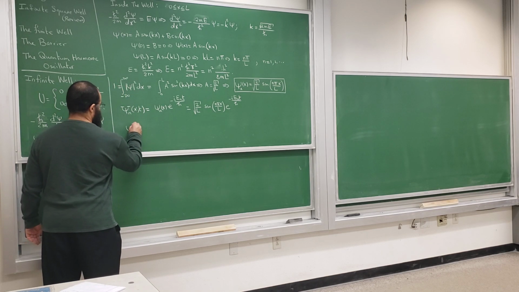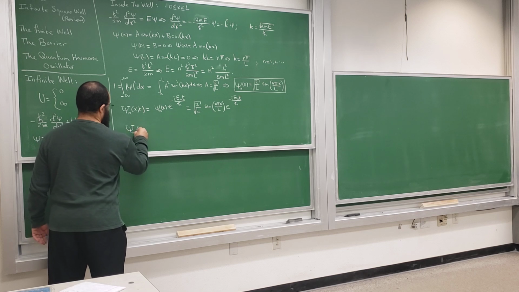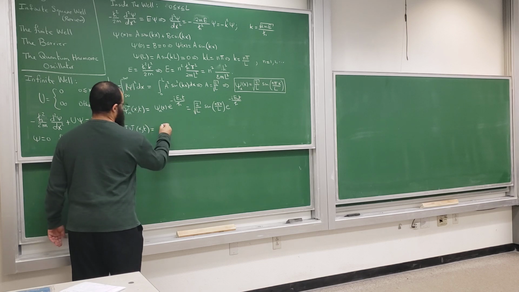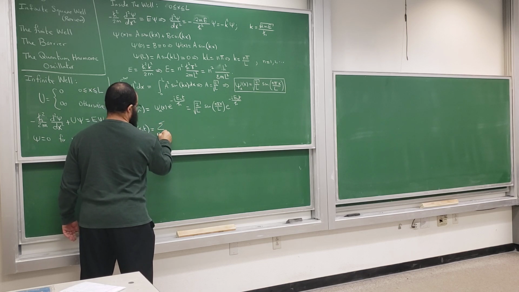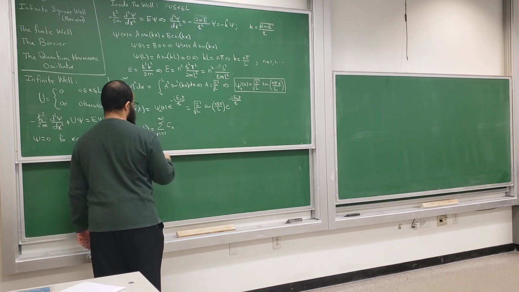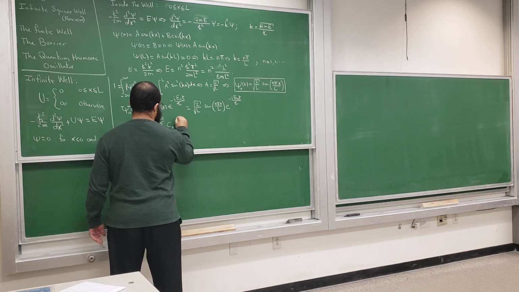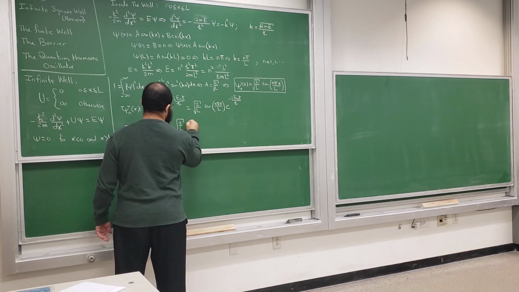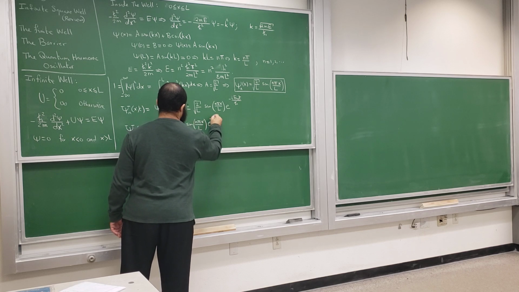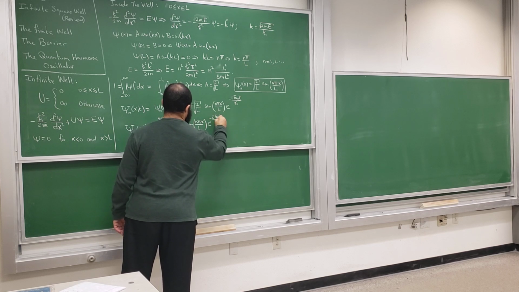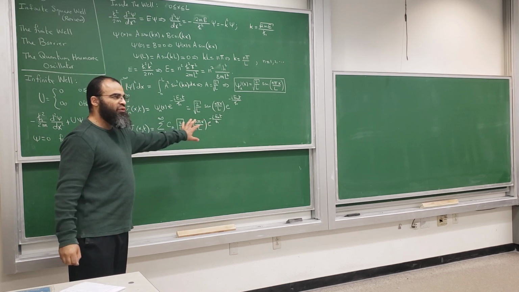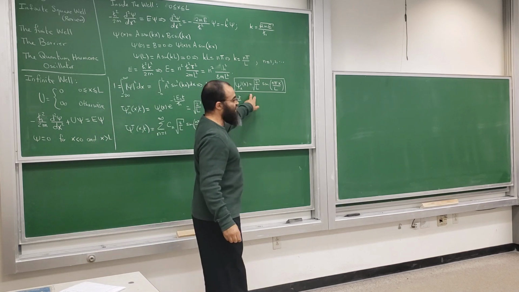So in general, psi of x and t, any wave function here, will equal the sum from n equal to 1 to infinity of some constants Cn, that you have to determine in order to find the wave function, times 2 over L, sine of n pi x over L, and then e to the minus i E n t over h bar. Okay. This is just for completeness. We will not work with this at all. This is what we do. This is the one.